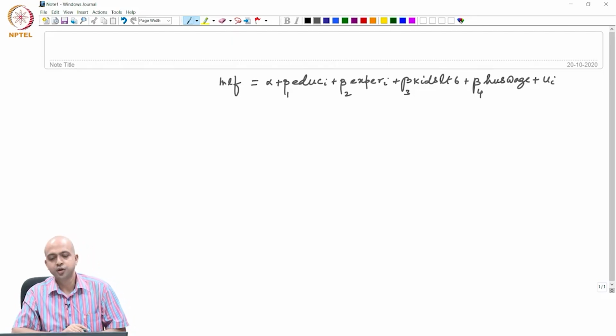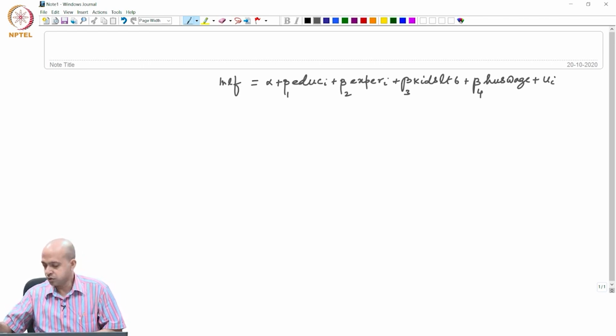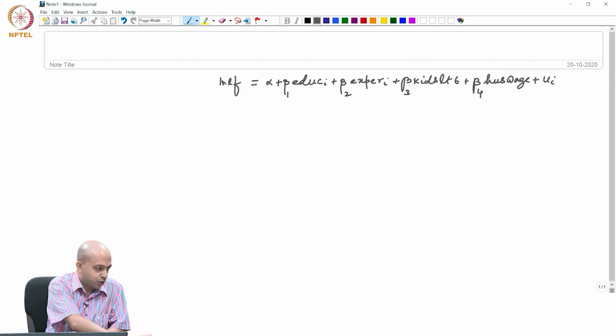This was the model we were discussing, and we estimated it. I will once again estimate the model.